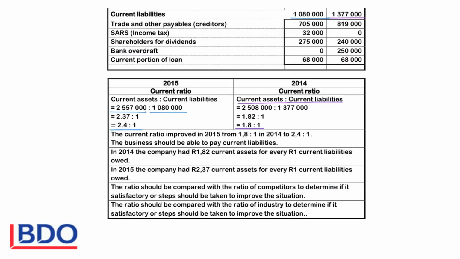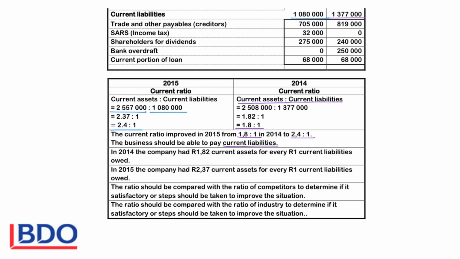The current ratio improved in 2015 from R1.80 for every R1 in 2014 to R2.40 for every R1 debt. The business should be able to pay their current liabilities because they have more current assets than current liabilities.